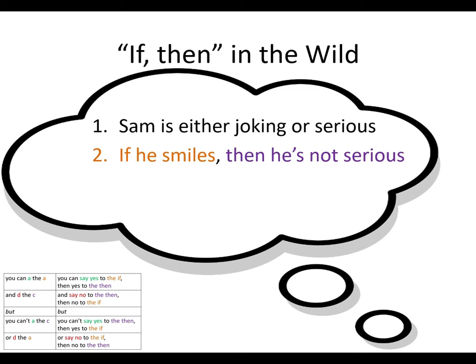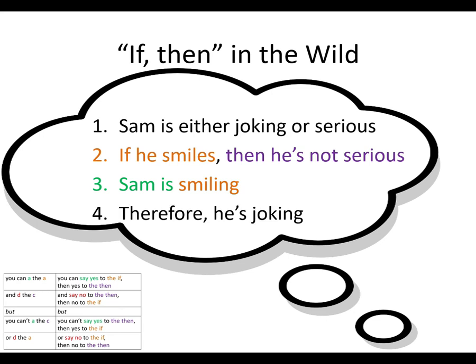It's an either-or, and since this compound syllogism starts with a disjunctive proposition, it's a disjunctive syllogism. The second line is our if-then statement. Third, we have an affirmation of an antecedent. And fourth, we have a logical conclusion. Smiling rules out serious, and since our only other entertained or formalized option was joking, we conclude that he's joking.